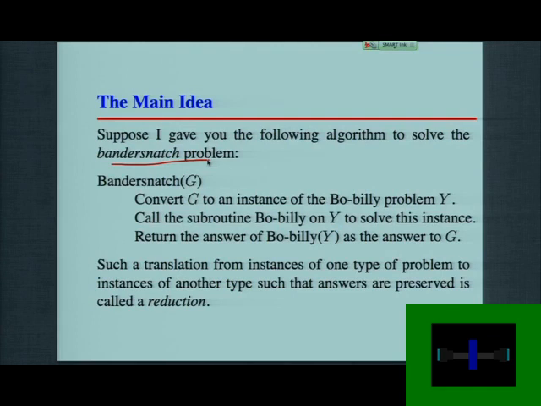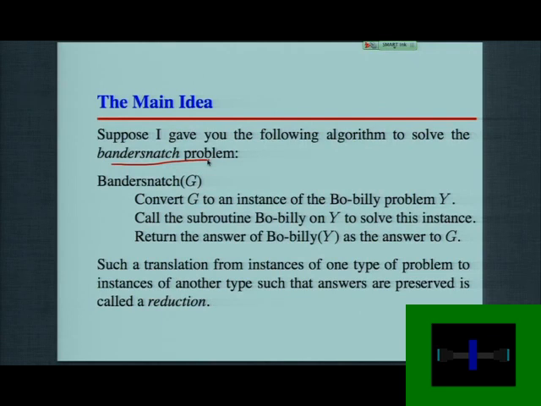In principle, it should be easier to make them the same if they are always only restricted to yes or no than if they can range on lots of values. This should make some intuitive sense here. We want to know that whenever Bandersnatch of G is yes, Bobilli of Y is yes. And whenever Bandersnatch of G is no, then Bobilli of Y is no. That's what it means to make the answers the same. And this is easier to reason about if the problems are always yes-no decision problems. How many people get that idea?